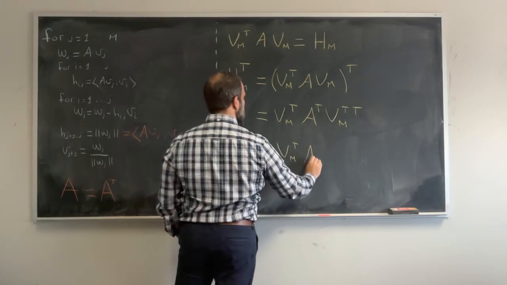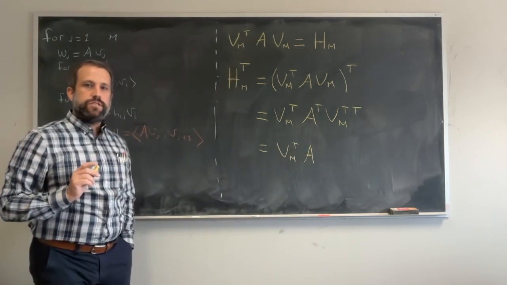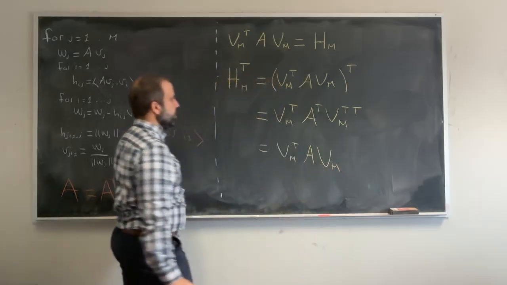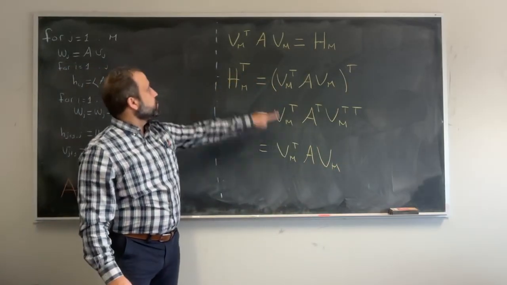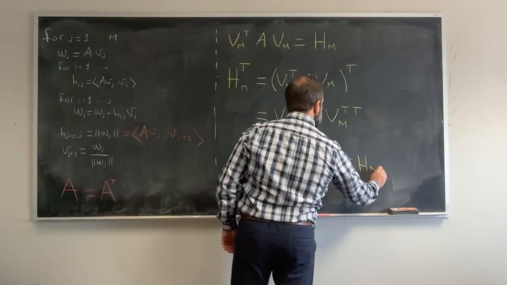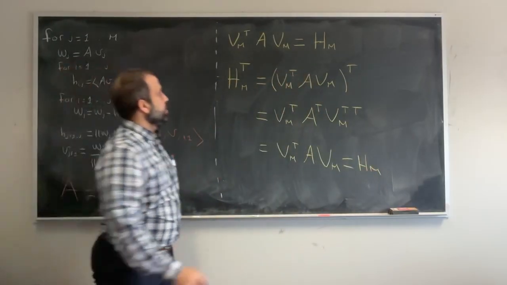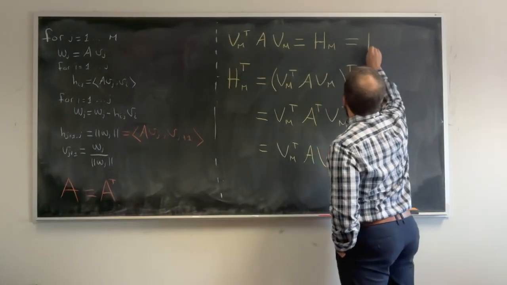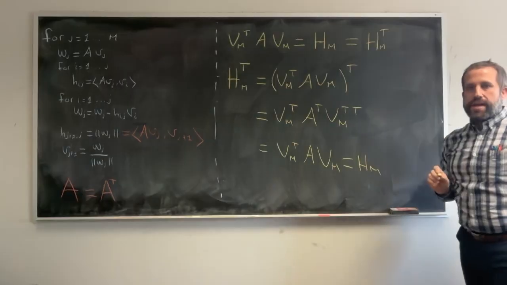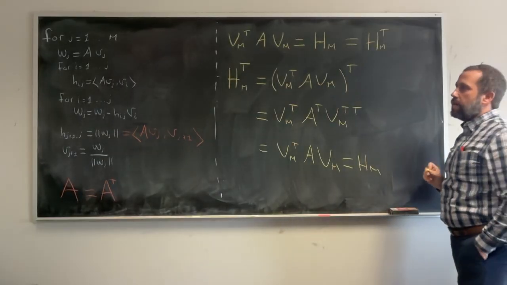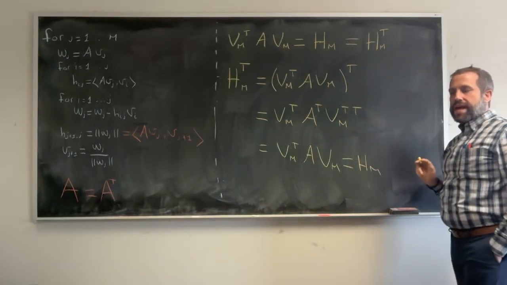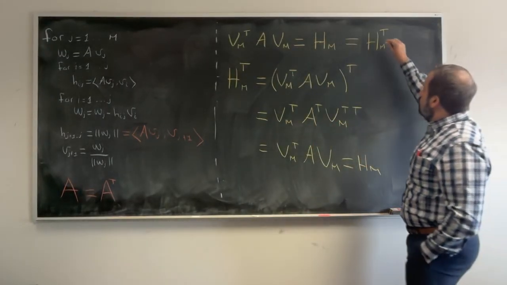A transpose, by assumption, A transpose is equal to A, so we just have that. And then anytime you do the transpose twice, you just get back to the original thing. Well, Vm transpose A Vm is exactly equal to Hm. So Hm is symmetric as well. If A is symmetric, then H is symmetric. I'm probably going to stop explicitly referring to the m and just say H and V. So if A is symmetric, then H is symmetric as well.